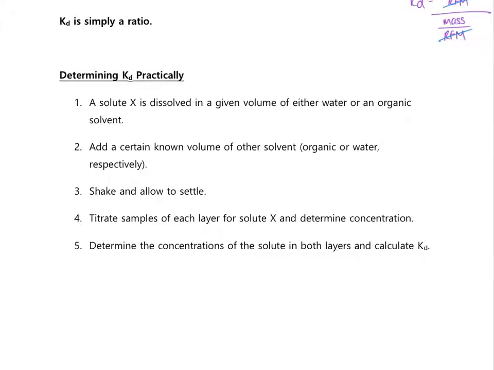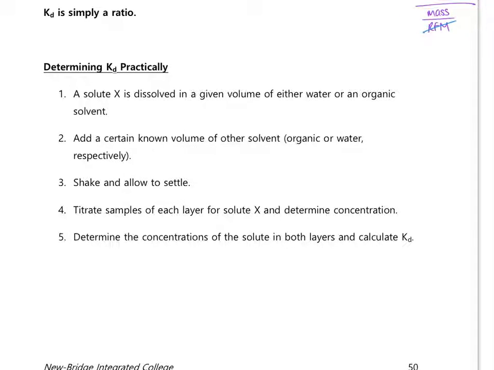So how do we find out KD practically? You don't need to worry too much about this. This will actually make more sense when we look at the second practical method in a couple of pages. But what you do is you get your solute X and you dissolve it in either water or your organic solvent. Then you simply add a known volume of your other solvent. So if you started with water, then you'll add a known volume of organic solvent.